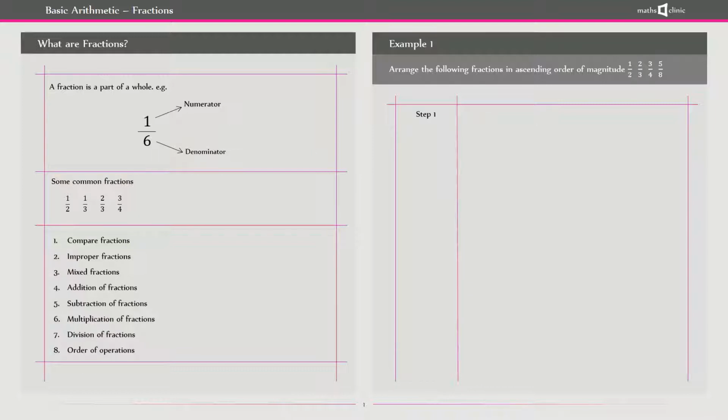step 1. Now, when you're working with fractions and it has to do with magnitude, okay, when you're comparing fractions, or adding fractions, or subtracting fractions, something very important you have to do, you need to ensure that the fractions have a common denominator.